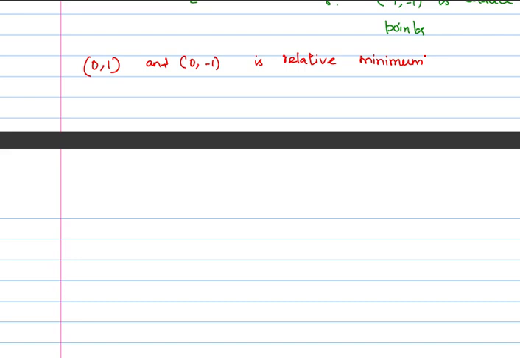So relative maximum is 1 comma 0 and minus 1 comma 0 is a relative maximum.